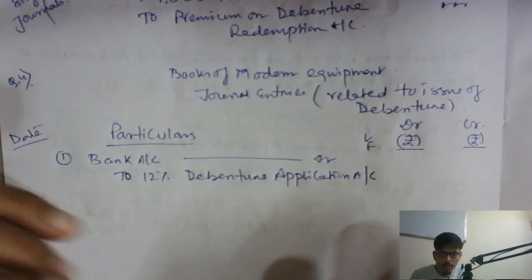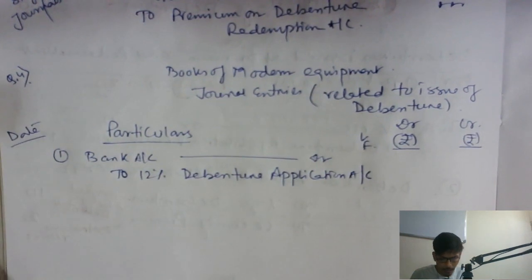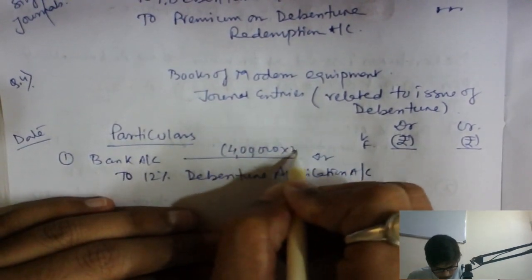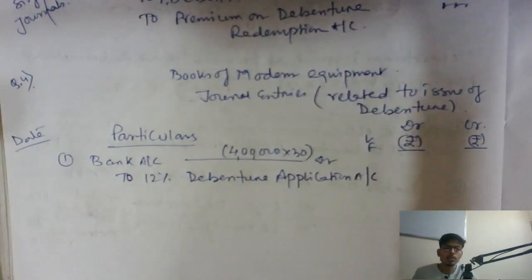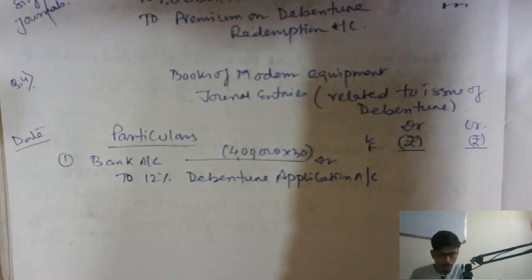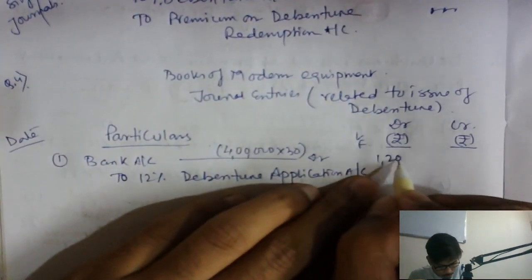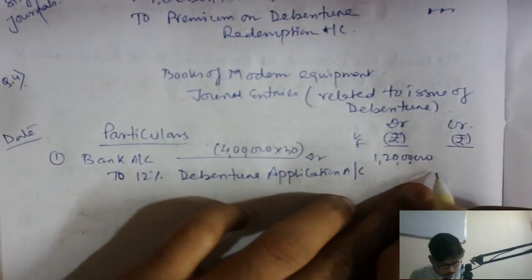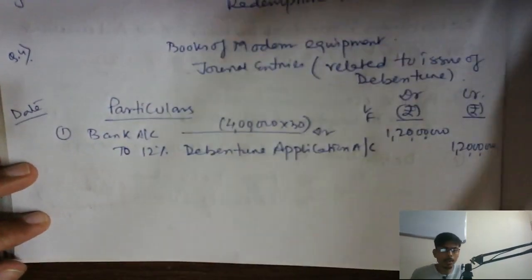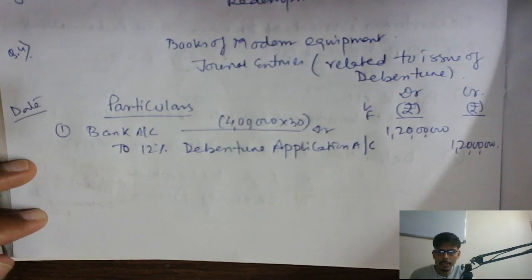Okay, so what is the amount, sir? 4 lakh into 30. 4 lakh into 30 is 1 crore 20 lakhs. So it's the amount received on the debenture.